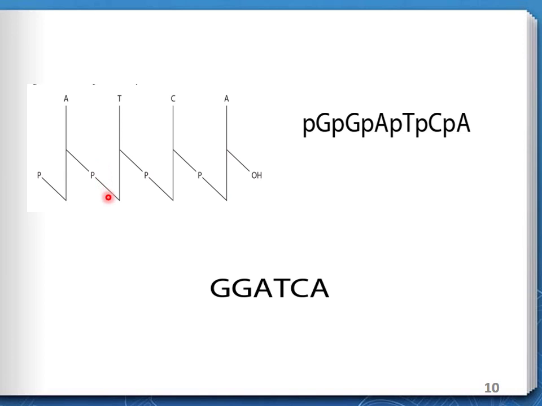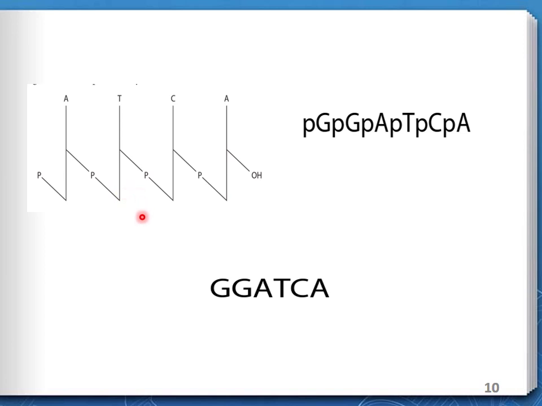We can draw the DNA strand as phosphate, guanine, phosphate, adenine, phosphate, thymine, as an example, or we can delete the phosphate group and use only the nitrogen base because it's important in determining the genetic code. The ribose or deoxyribose is fixed, standard.